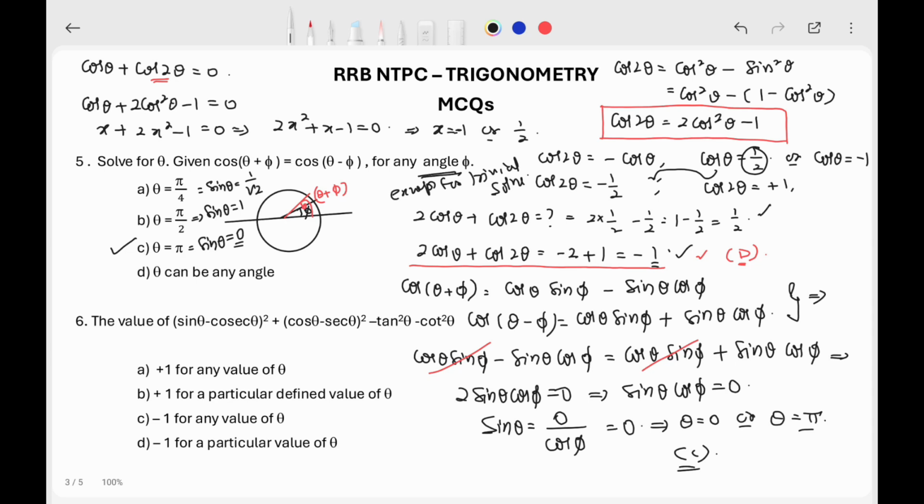I have given you (sin theta minus cosec theta) whole square plus (cos theta minus sec theta) whole square minus tan square theta minus cot square theta is equal to how much?